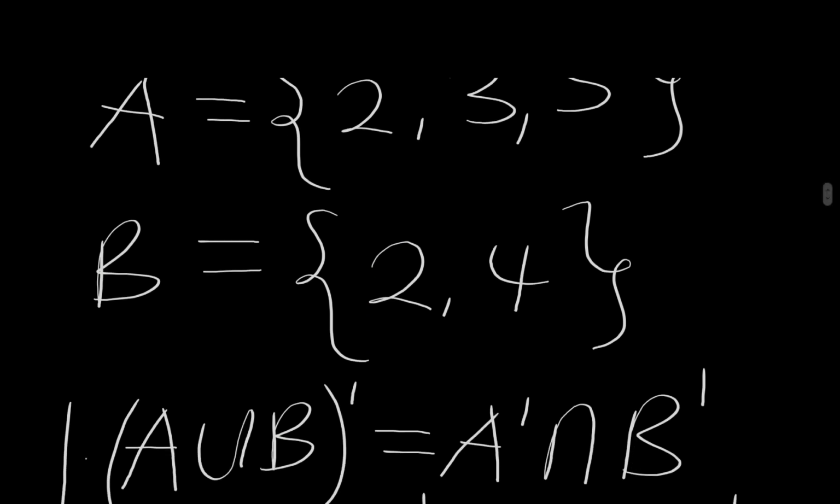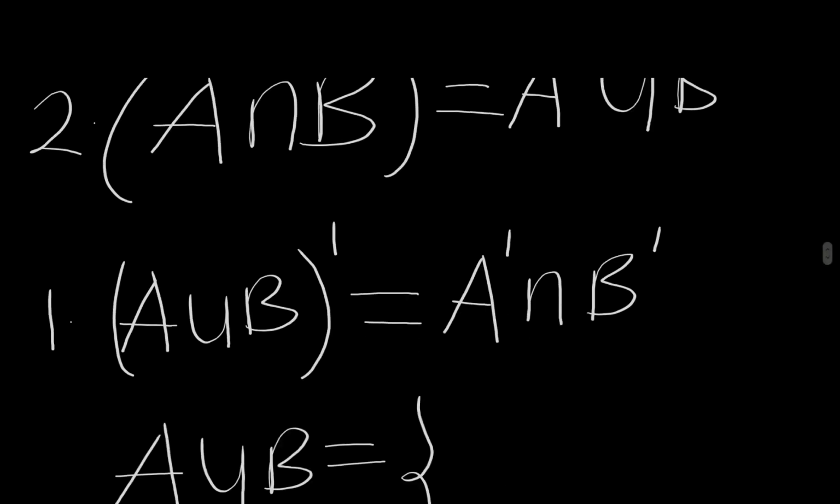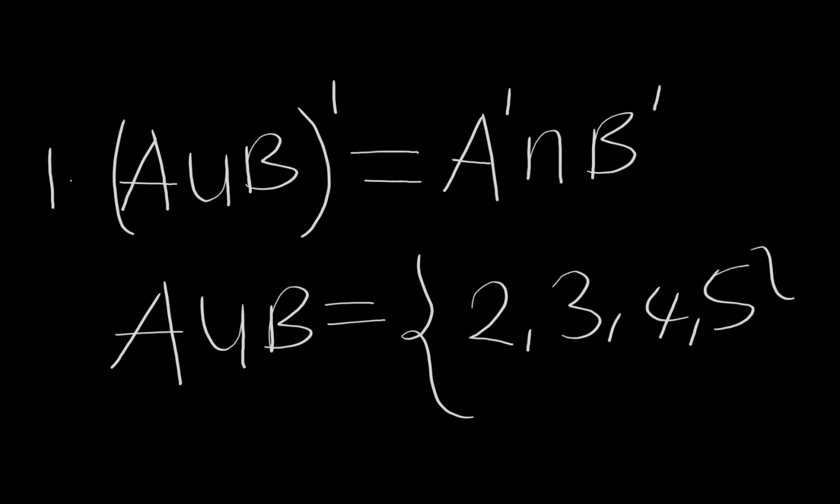So as you can see, we have 2 in both sets, we have 3 in set A, we have 4 in set B, and we also have 5 in set A. Therefore, A union B will be equal to 2, 3, 4, and 5.